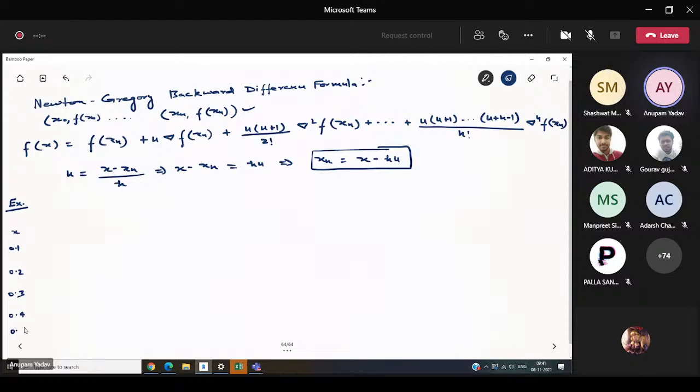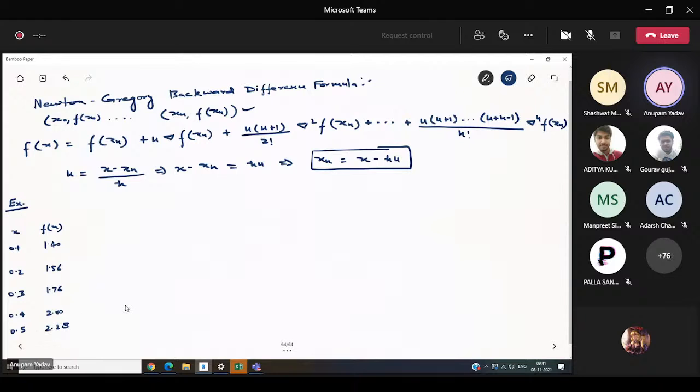Okay, and its f(x) values are given as 1.40, 1.56, 1.76, 2.00 and 2.28.